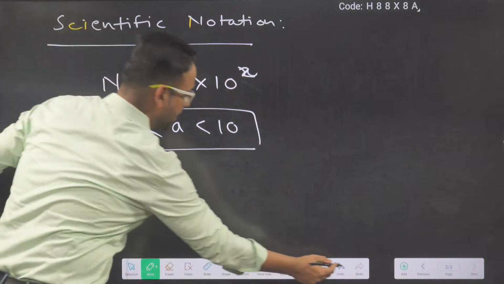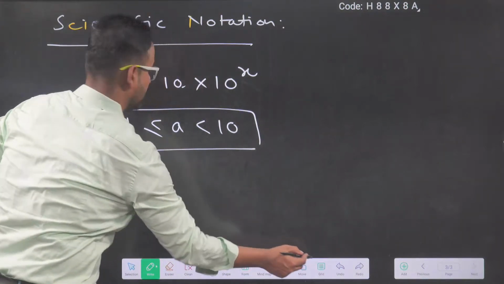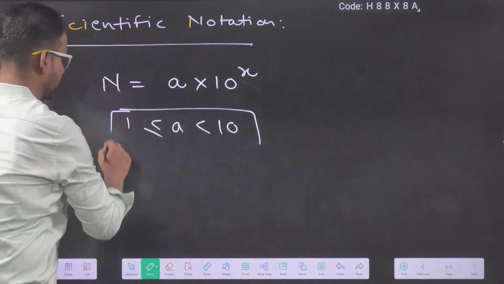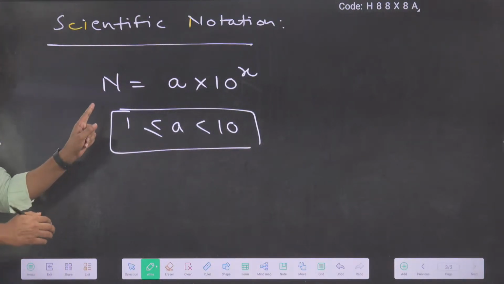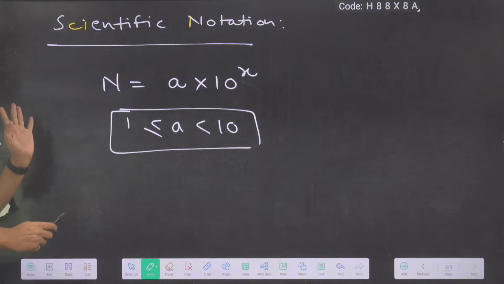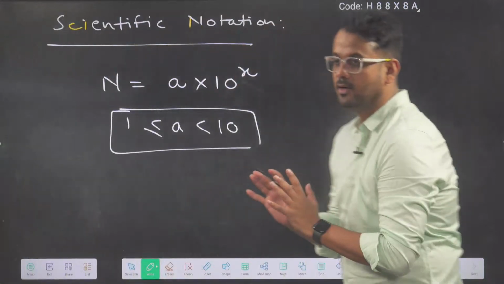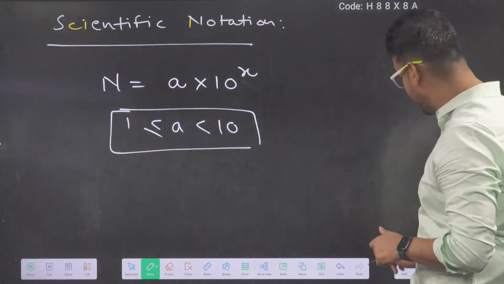Very simple. So any number can be written as a into 10 to the power x, where a should be between 1 and 10. Whenever you are writing a number in this format, it is known as scientific notation.